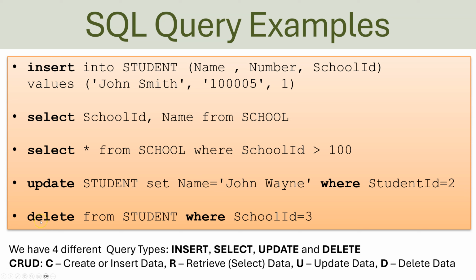For delete, you just use the delete command, delete from, and the table name, where, and specify the specific ID like this. So these are the four different commands that are part of this SQL programming language: insert, select, update, and delete.